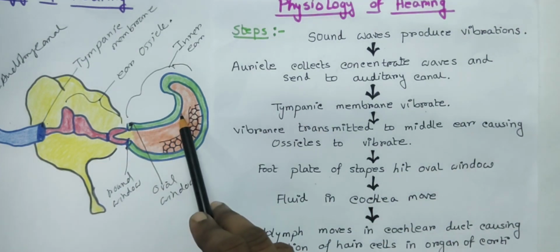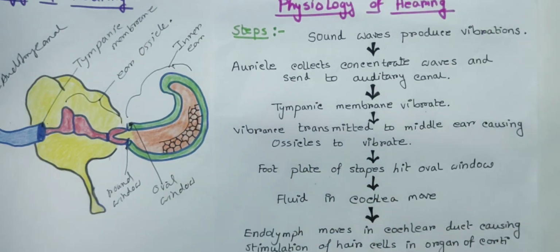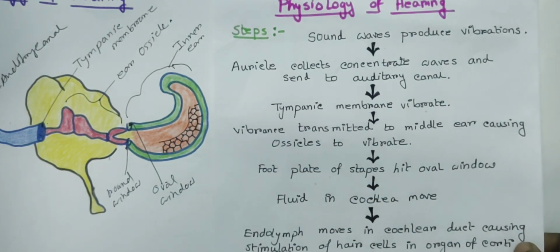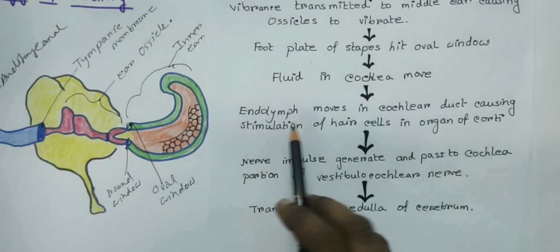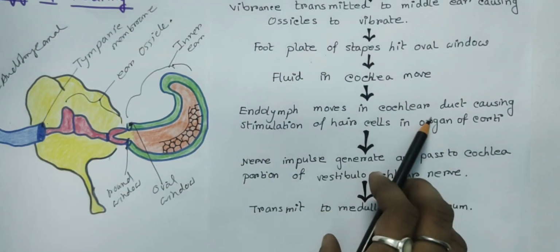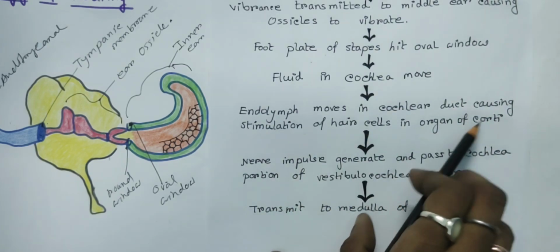Fluid in the cochlea moves. Then the fluid starts to move. Endolymph moves in the cochlear duct causing stimulation of hair cells in the organ of Corti.